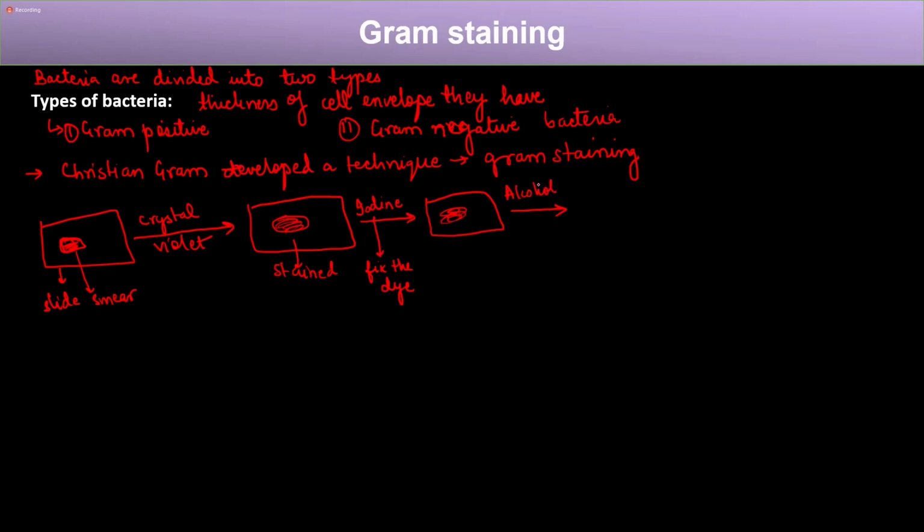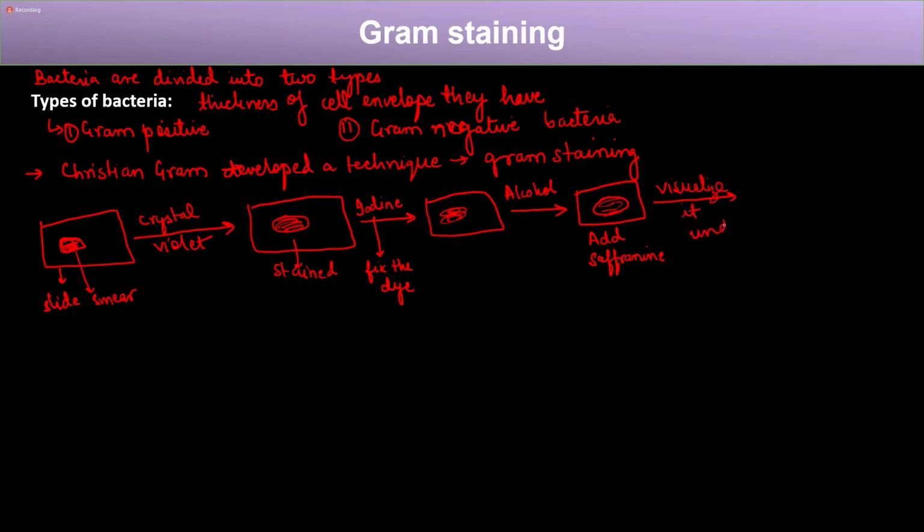So alcohol is a destainer that you will use. After washing it with the alcohol, you will add another dye that is safranin, and then you will visualize it under the microscope.